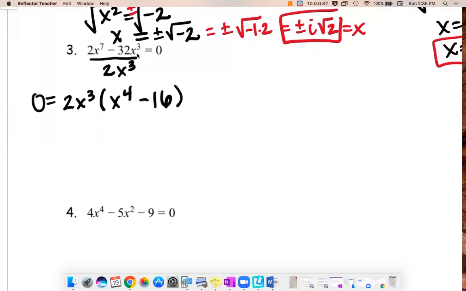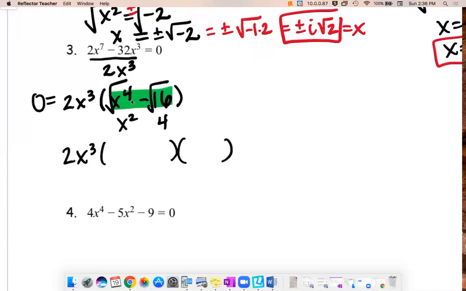Now, hopefully we recognize that this is going to be our difference of squares because I can do the square root of each of these. So if I do the square root of x to the 4th, that becomes x squared, and then the square root of 16 becomes 4. So we've got 2x cubed out front still. We know this difference of squares factors here, so this x squared goes in front.